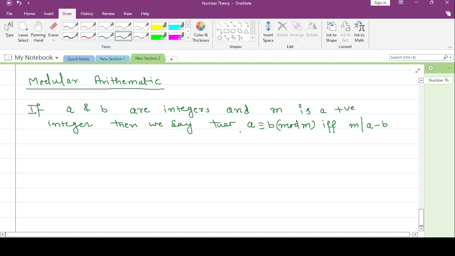Okay. So when we say that a is congruent to b modulo m if and only if m divides a minus b.